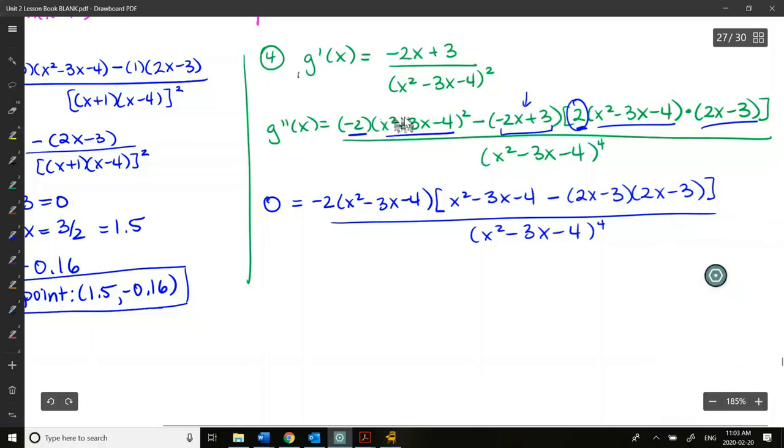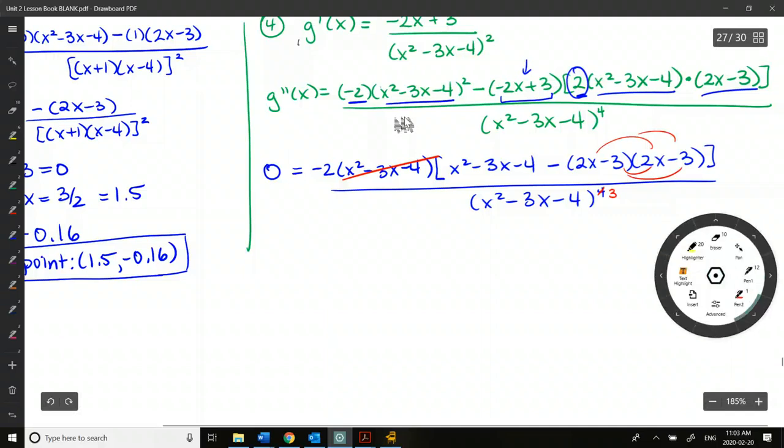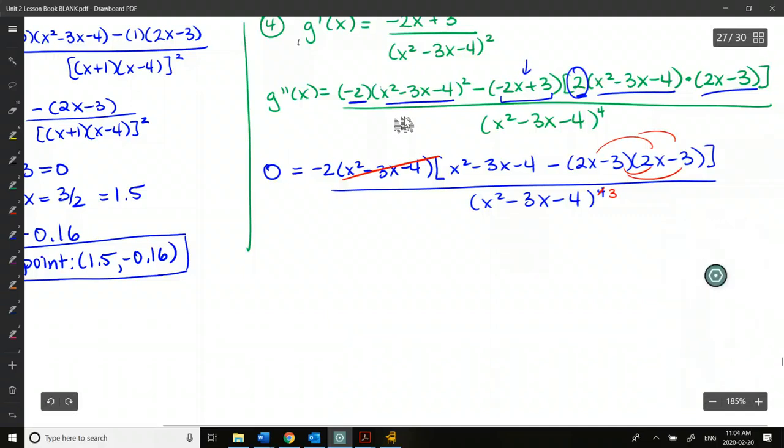Okay, so I'm going to simplify this a little bit. We'll cancel one of those out with the bottom. And then we're just going to FOIL this guy in here, distribute the negative in there as well. We're almost there. So I'm just going to gather this all together. We're going to get an x squared minus a 4x squared. That will give us a negative 3x squared.